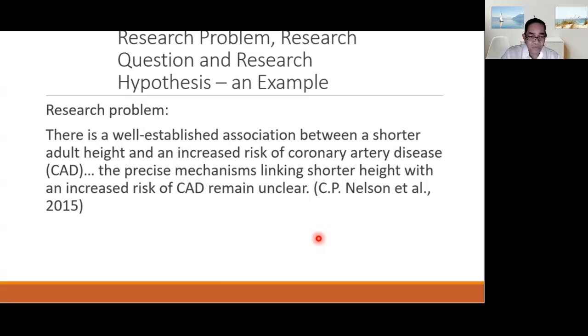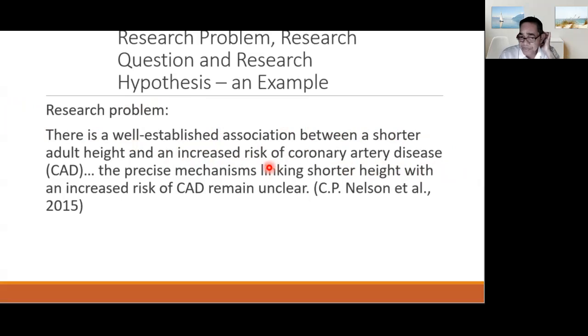And more often than not, the answer is that the research problem is the association between shorter adult height and an increased risk of coronary artery disease. That's not the research problem, because as stated here, there is a well-established association, meaning the association between height and risk of CAD is already established.